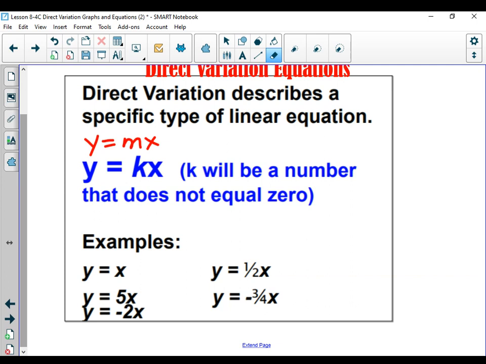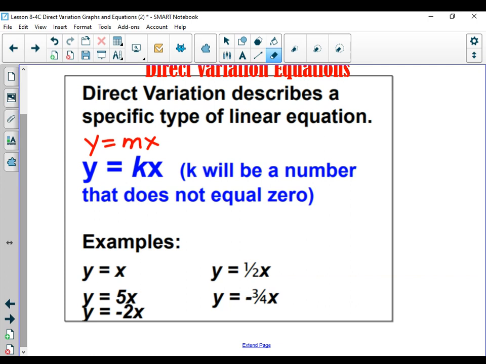He switched m to k for these direct variation problems. When you see k, you still think slope. So actually, Jack in First Hour said it perfectly. He said, so k is just a variation of m. Exactly. So you can't be tricked.